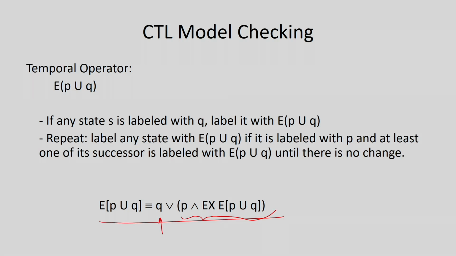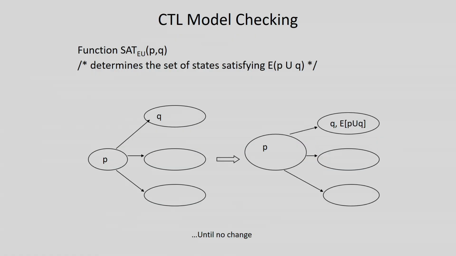So, if Q is true in a particular state, then we say that E[P until Q] will be true. So, we collect those states, or P must be true in that state and there exists at least one path such that E[P until Q] is true in the next state. This is EX. Okay. So, this is the scenario.